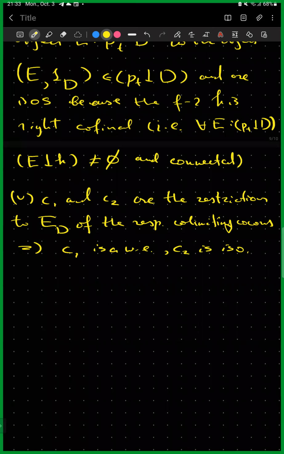This follows from the corollary which we stated about model categories with fibrant and cofibrant constants.